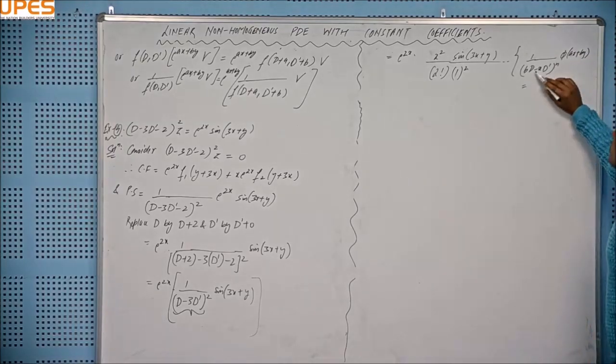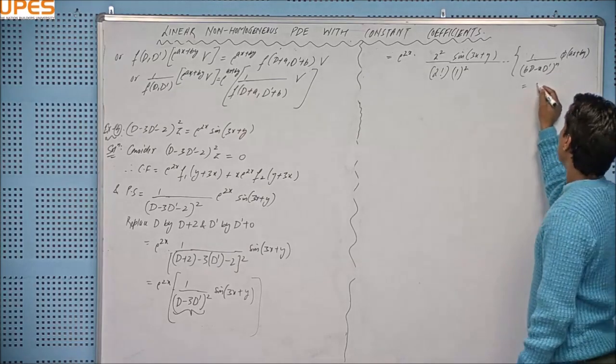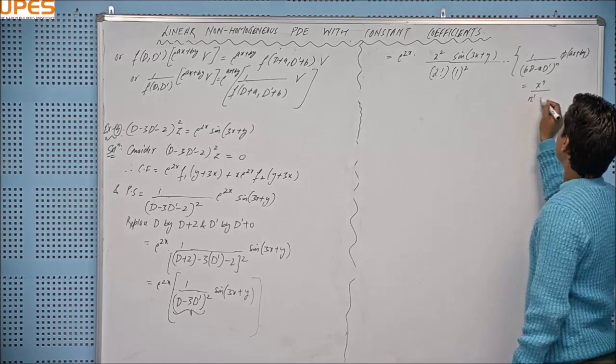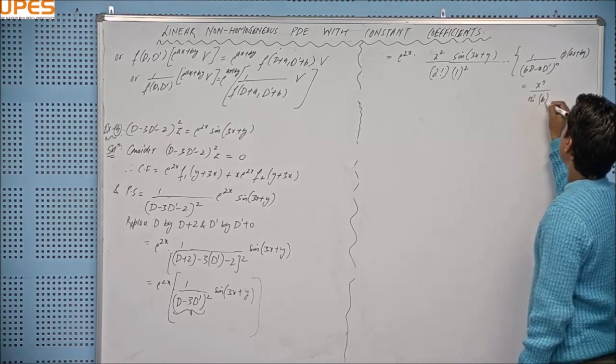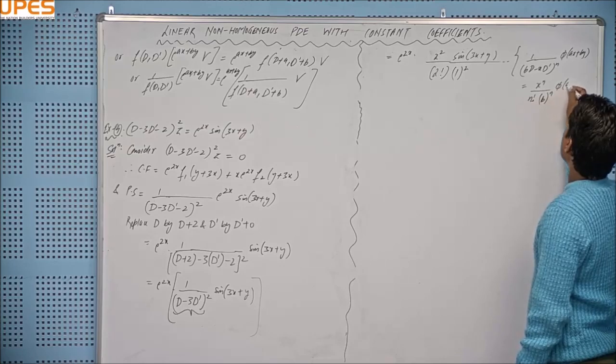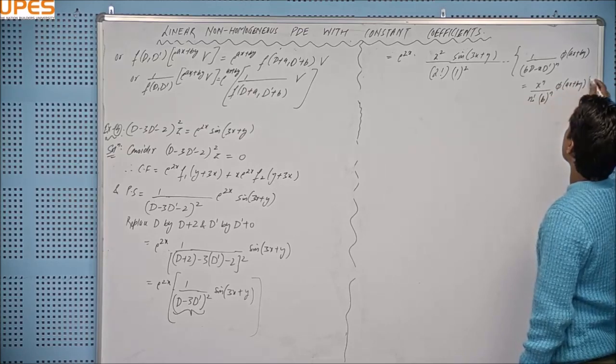If you put D equal to a and D' equal to b, we will get 0 in the denominator, and that's why we have this formula: x to the power n over n factorial, b to the power n, and phi(ax + by).